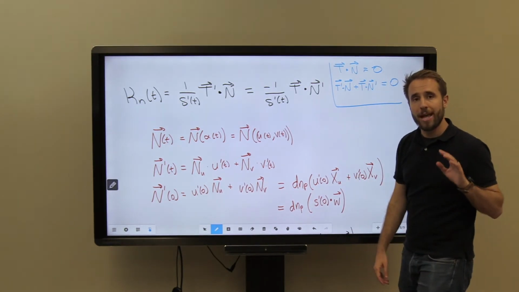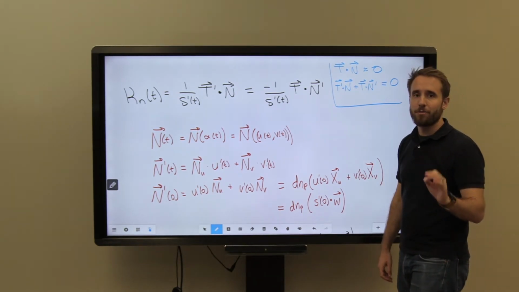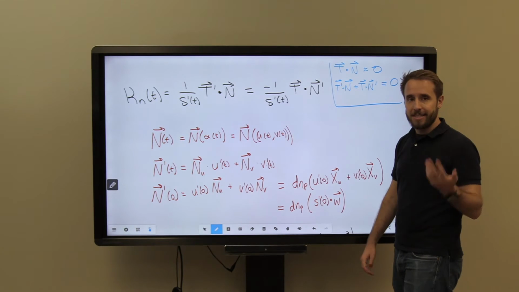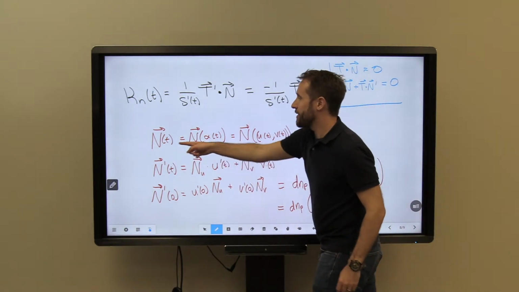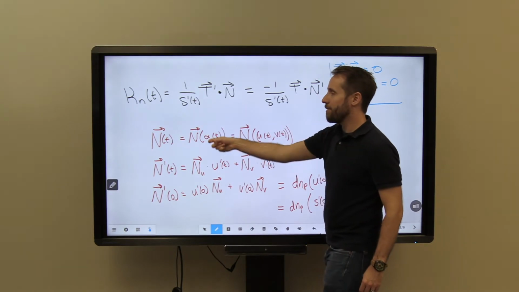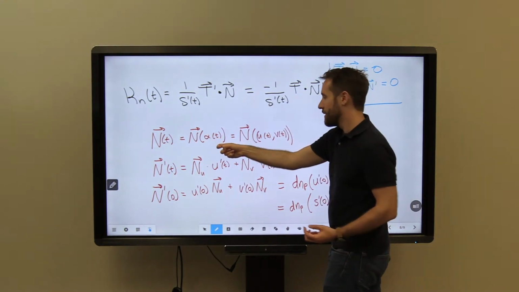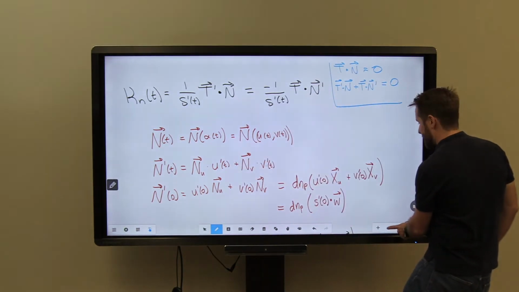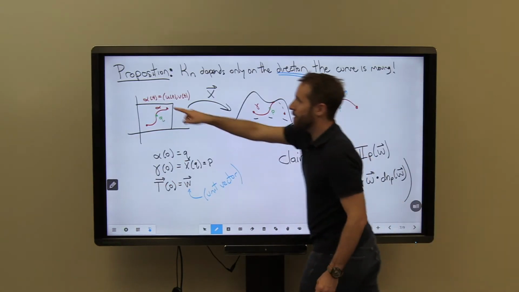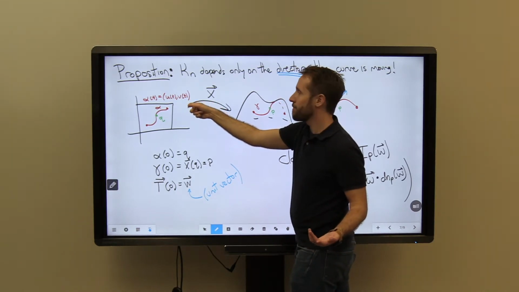So if I want to figure out what N prime is, let's do a little detective work, find a nice way to write it. N of t was really N of alpha of t, because N took as its input elements of the domain U. So N of t is really N of alpha of t. And alpha of t, to go back a slide, is really u of t comma v of t, right?